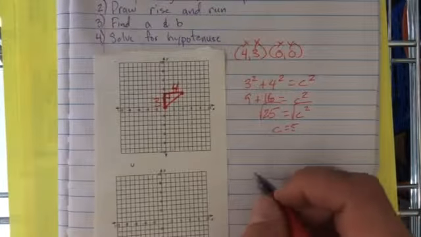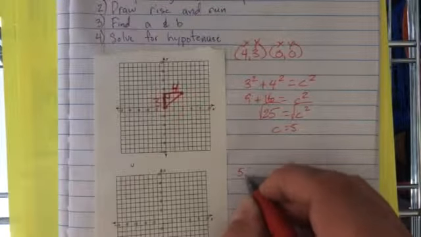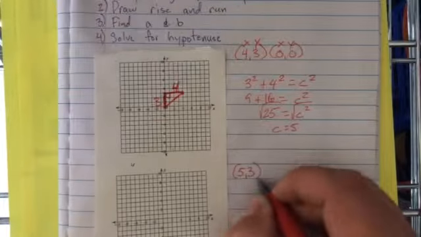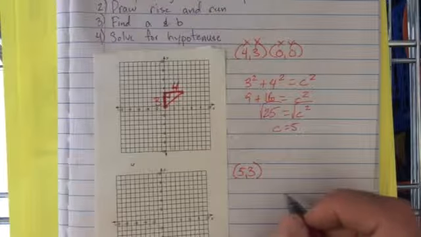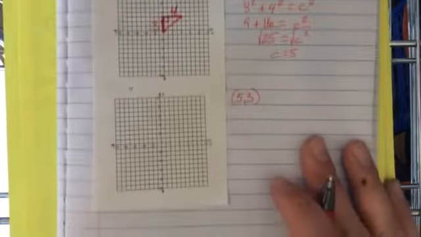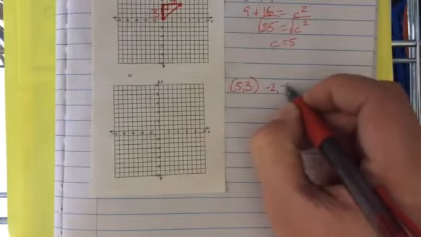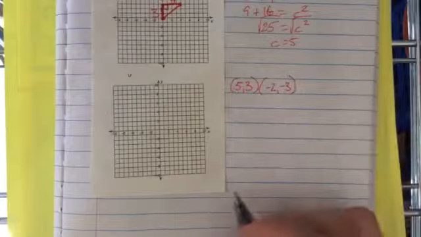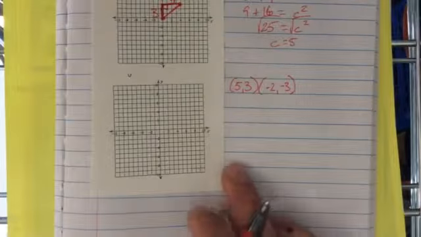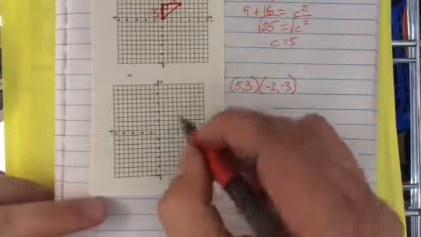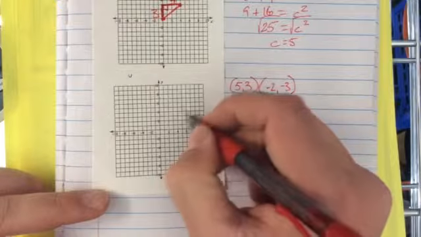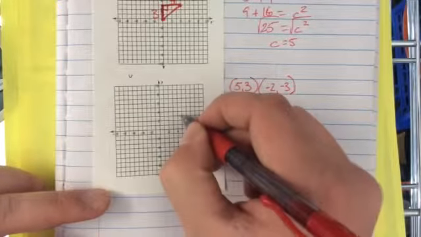So our next problem. Our points are 5, 3 and -2, -3. So we plot those 2 points. We plot 5, 3. The x value is 5. The y value is 3.